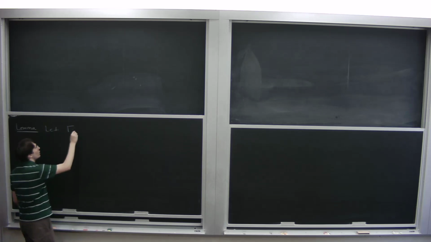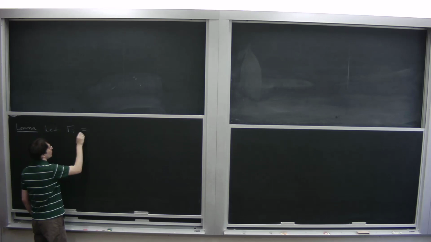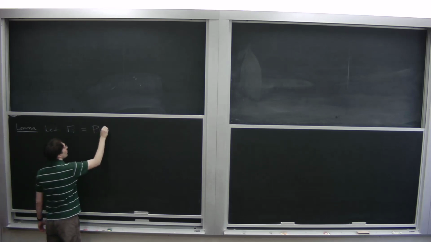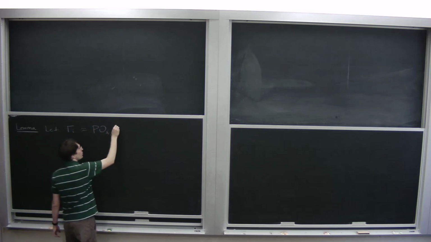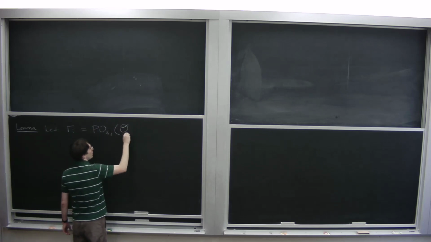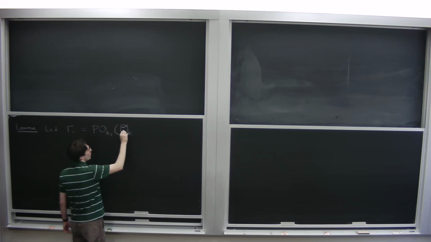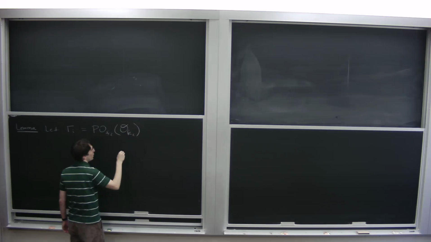So this means that gamma i, let it be for now just PO F i, where this PO is taken with integer coefficients of the field Ki.